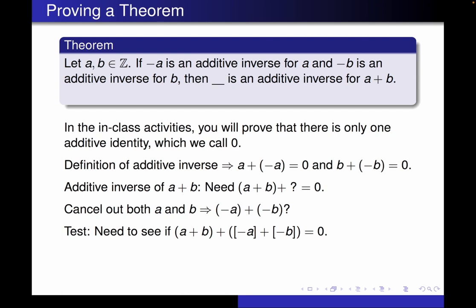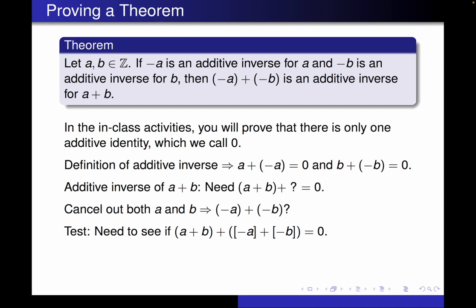How do we know? Well, the test is going to be, if we add that number to a plus b, do we get 0? If we get 0, it's an additive inverse. If we do not get 0, it's not. But we believe it, right? So we're going to put it in our theorem very confidently. Negative a plus negative b is an additive inverse for a plus b.